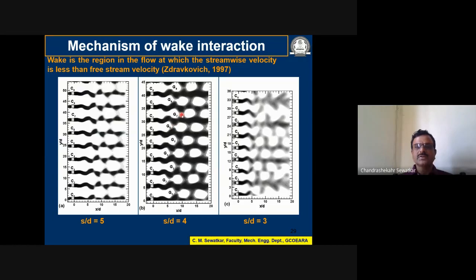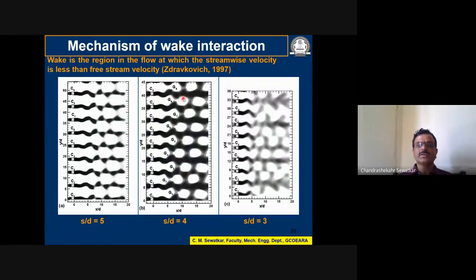These gaps, which I have designated as G9, G8, G7, and so on, at one time instant are closed, at other time instants are open. This is closed, but here see it is open, this is closed. So these gaps keep on closing and opening, and you see the systematic structure of a wake behind the body.